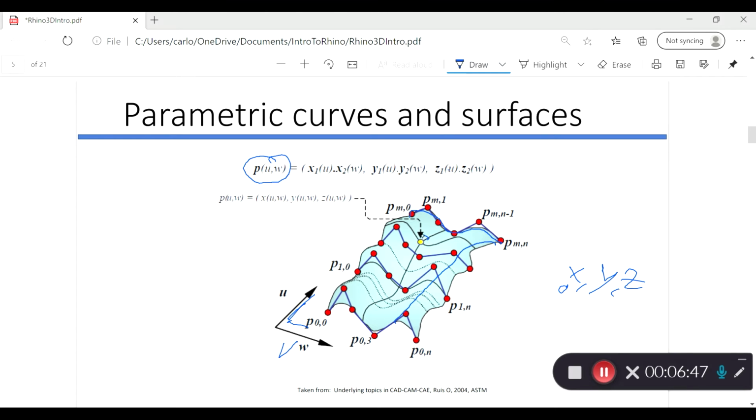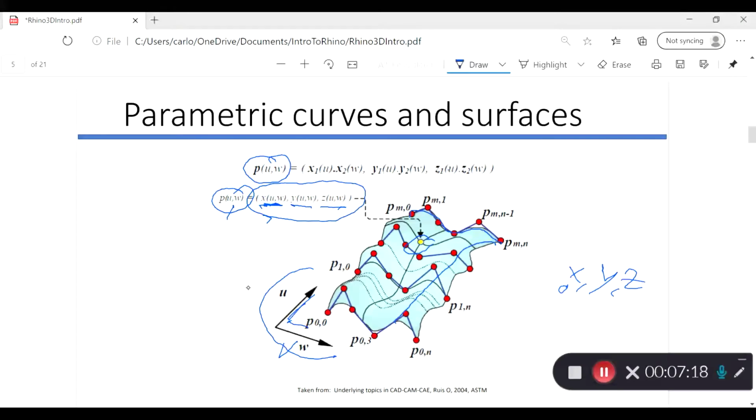So a point on that surface can be expressed as u, v, or w in x, or u, w in y, u, w in z. So notice that at this P, which is a function, you input your u and your v from this coordinate system, and it maps to real world right here.